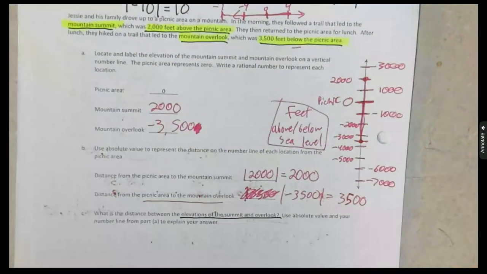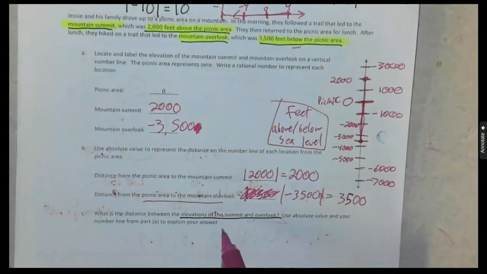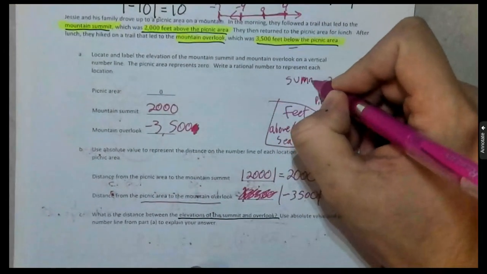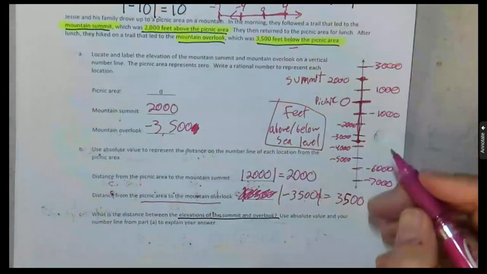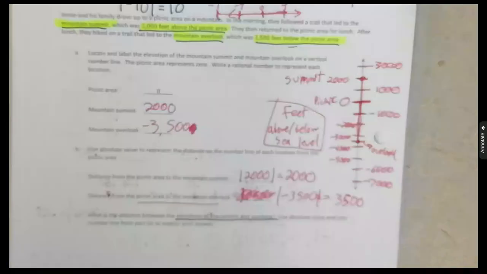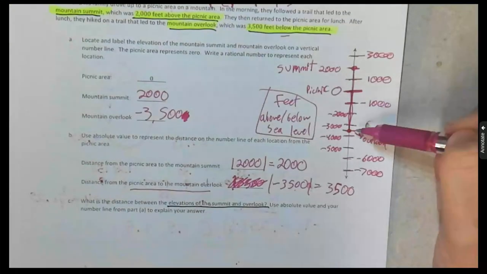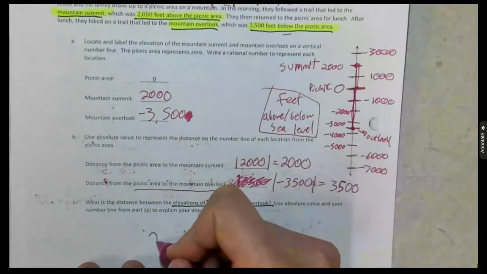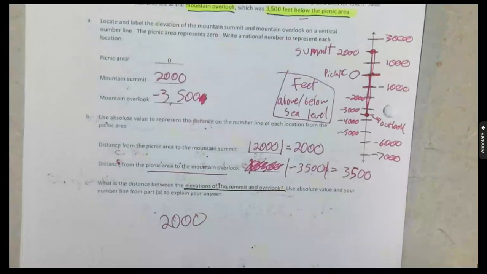Okay. What is the distance between the elevations of the summit and the outlook? The outlook is right there. We need to find the distance from here to here. From summit back to picnic, we know that's a distance of 2,000.